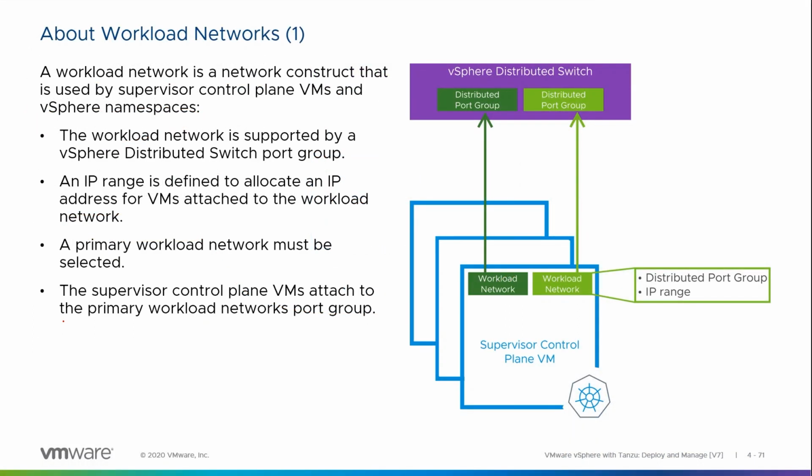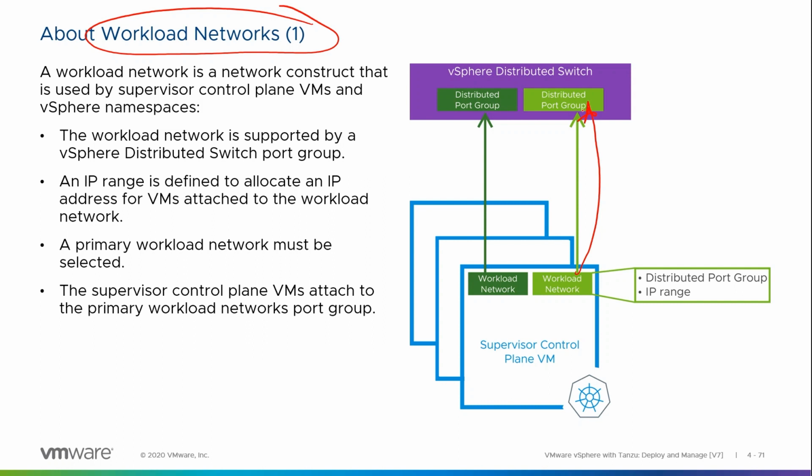Also, when you're doing vSphere distributed switches, instead of using NSX-T, you're also going to have to create these additional objects called workload networks. And what a workload network simply is, is just a definition that's going to point back to a specific distributed port group that you're going to map.